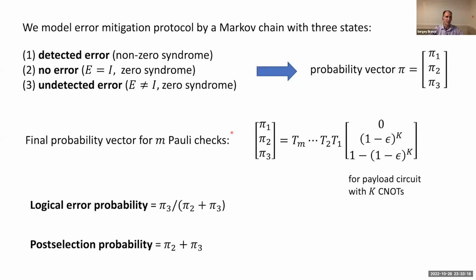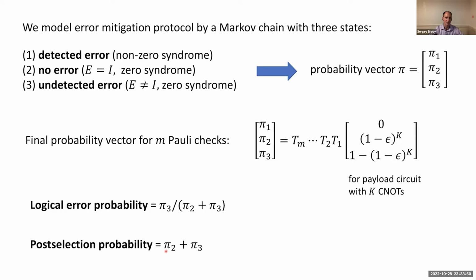And now we can compute all quantities of interest. We just take our initial probability vector, this one, and apply a product of 3 by 3 matrices. And we get the final probability vector after m Pauli checks. By definition, post-selection succeeds if we observe zero syndrome on every check.